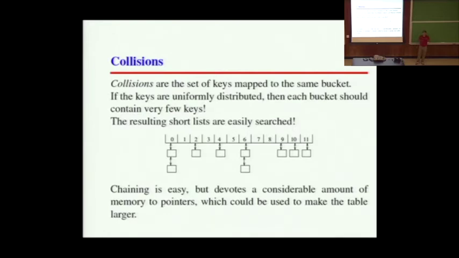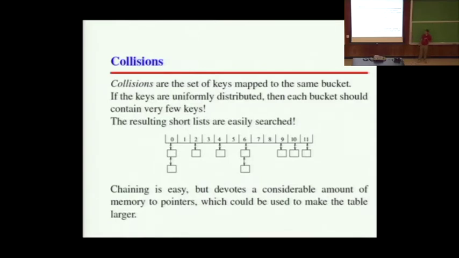If the hash function does a good job of spreading them around, hopefully none of the lists will have too many items in it. Hopefully they will all have between 0 and 5 items or something like that. And if so, then searching through the linked list for the one that you want is a constant time problem.